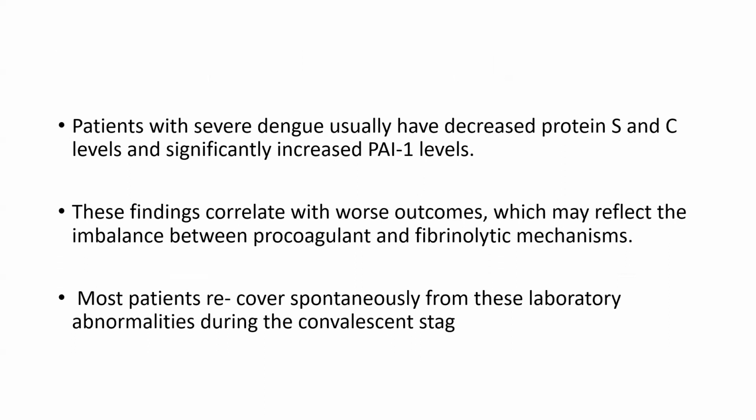Patients with severe dengue usually have decreased protein S and protein C levels, and significantly increased levels of plasminogen activator inhibitor 1. These findings correlate with worse outcome, which may reflect the imbalance between procoagulant and fibrinolytic mechanisms. Most patients recover spontaneously from this lab abnormality during the convalescent stage.